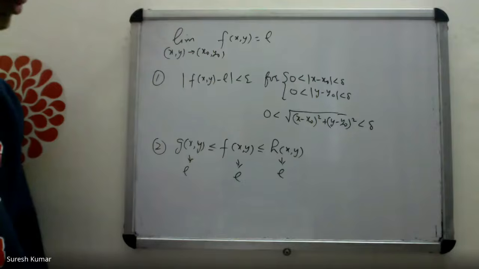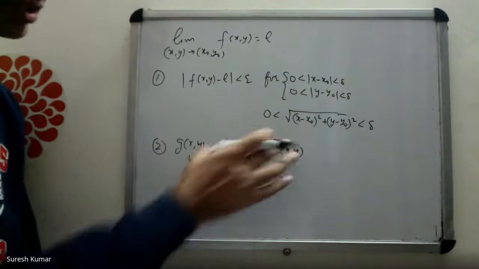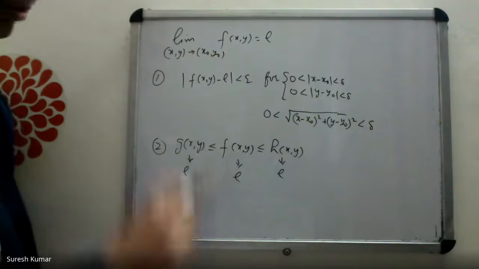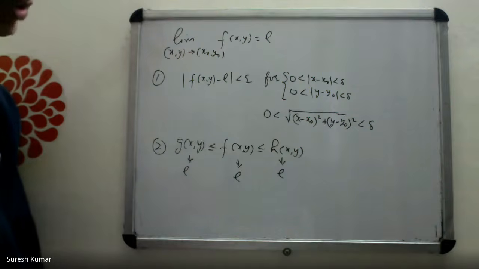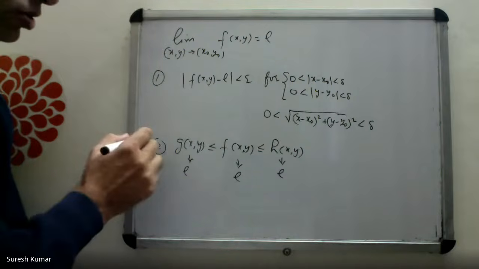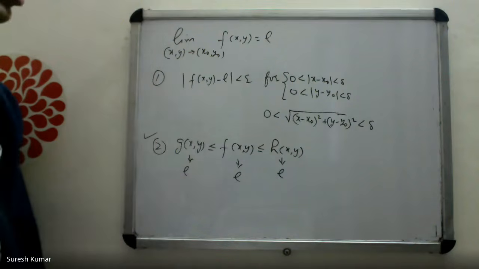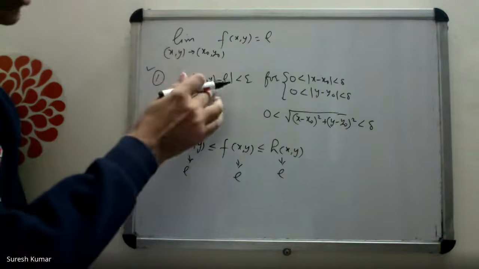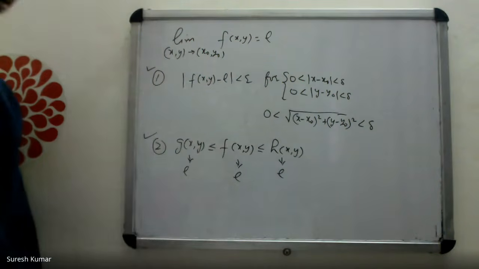So all problems cannot be done using this. It may be very difficult to think of the functions g(x,y) and h(x,y), but some problems are easier by this method. So this method is by definition, this is by sandwich theorem.